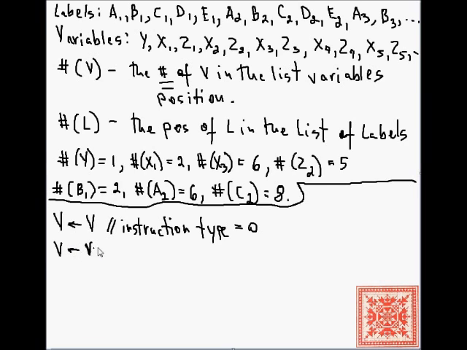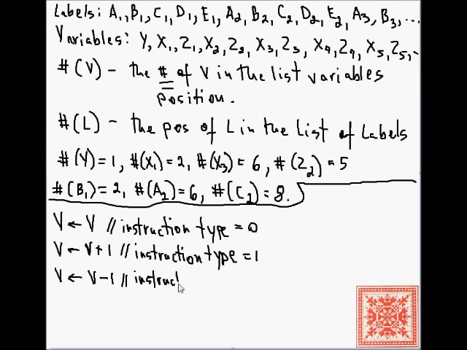The second instruction type is V is assigned the value of V plus 1, the increment, and the type of this instruction will be 1. The next instruction is the decrement, V is assigned the value of V minus 1, and the instruction type in this case will be given the value of 2.